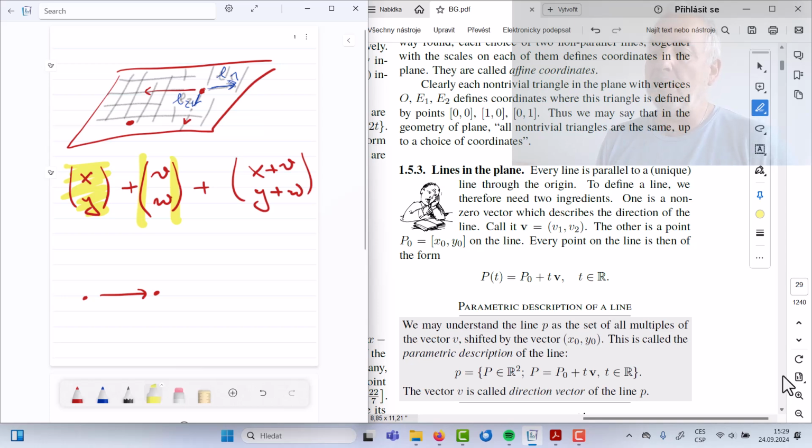And in the affine plane we do not have this origin, which I will call O, which is the same as a 0. So this is something like fixing the point P there, fixing the origin, and then when I fix any point, it's given by the same as adding the appropriate vector.